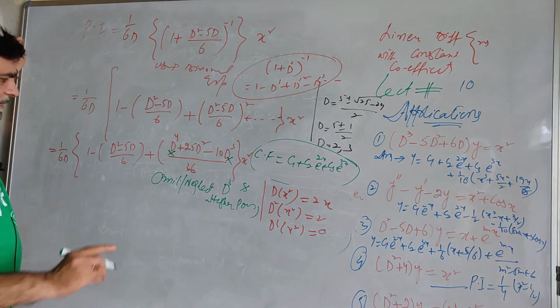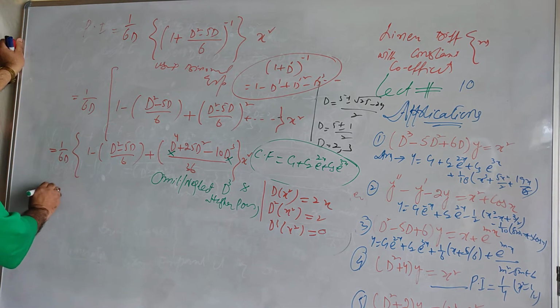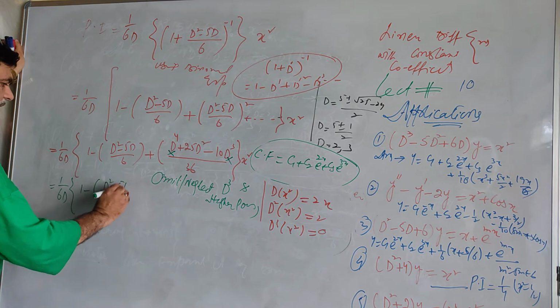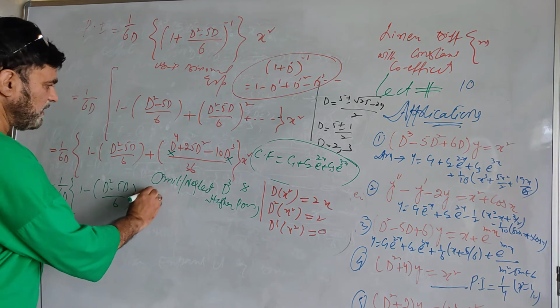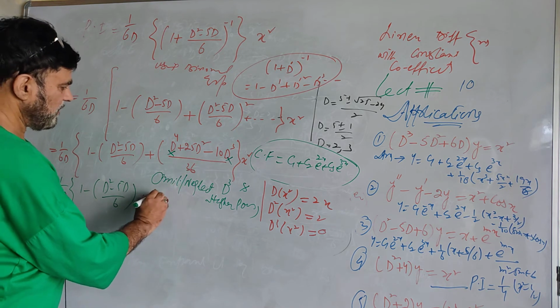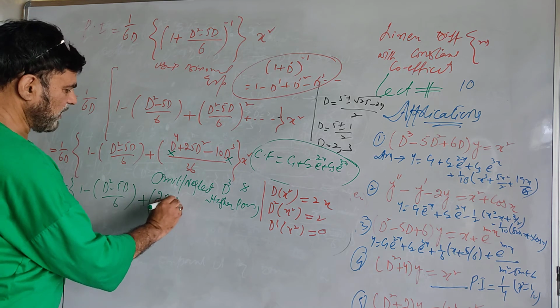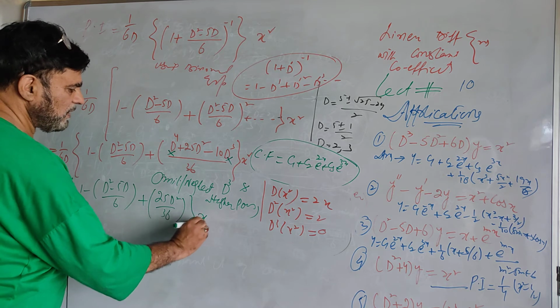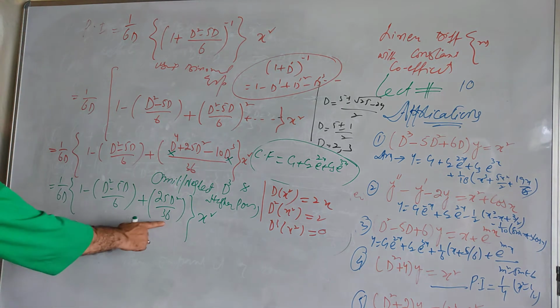Do you follow? It is 1 by 6d, and this is 1 minus d square minus 5d by 6. So from this I get only 25 d square by 36, and operating upon x square we have to operate. Now let me simplify this first.